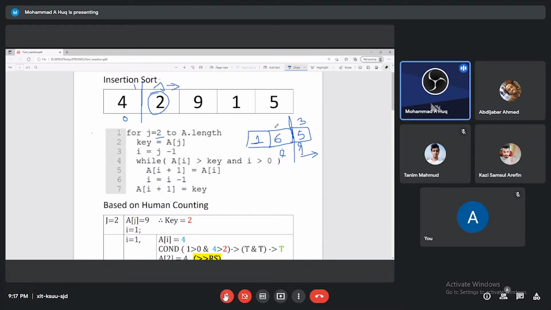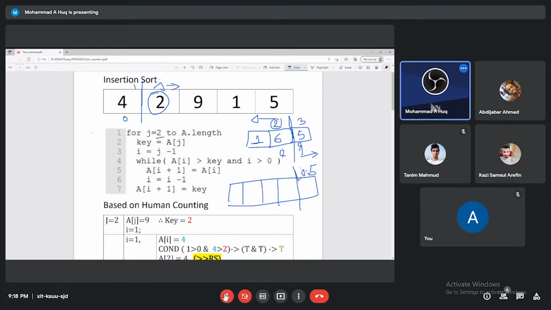So what will i's value be now for 3? If j equals 3, then what will happen? It will obviously take 2 and move to the left. Then if I ask you what will happen in this situation, if you have 5 elements and j is here and the values of j are 1, 2, 3, 4, 5.